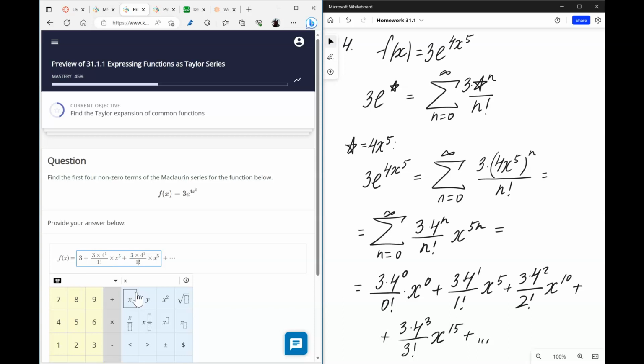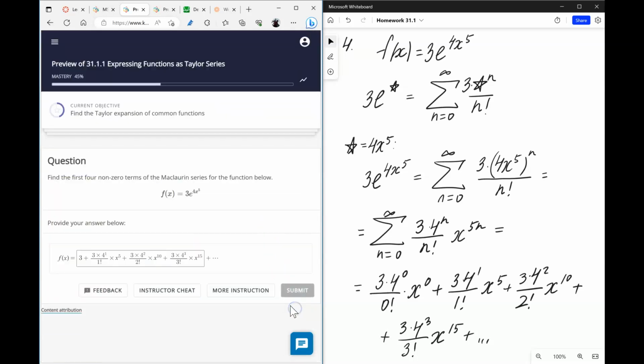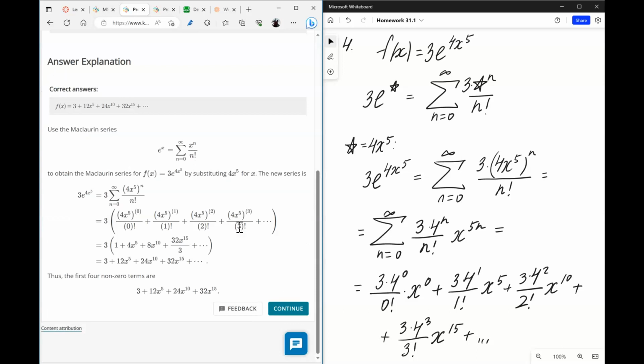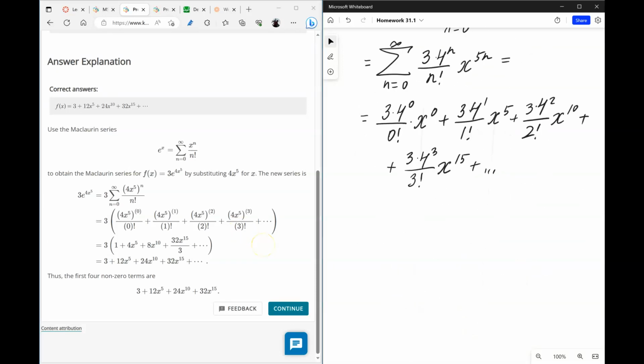So we have 3 times 4 to the power 2 over 2 factorial x to the power 10, plus x to the power 15, 3 factorial 4 to the power 3. All right, let's do the next problem.